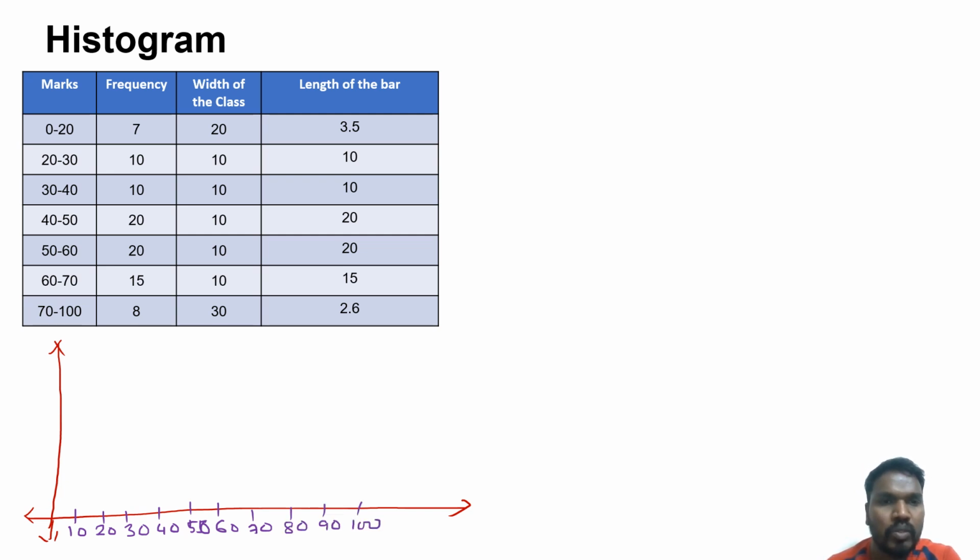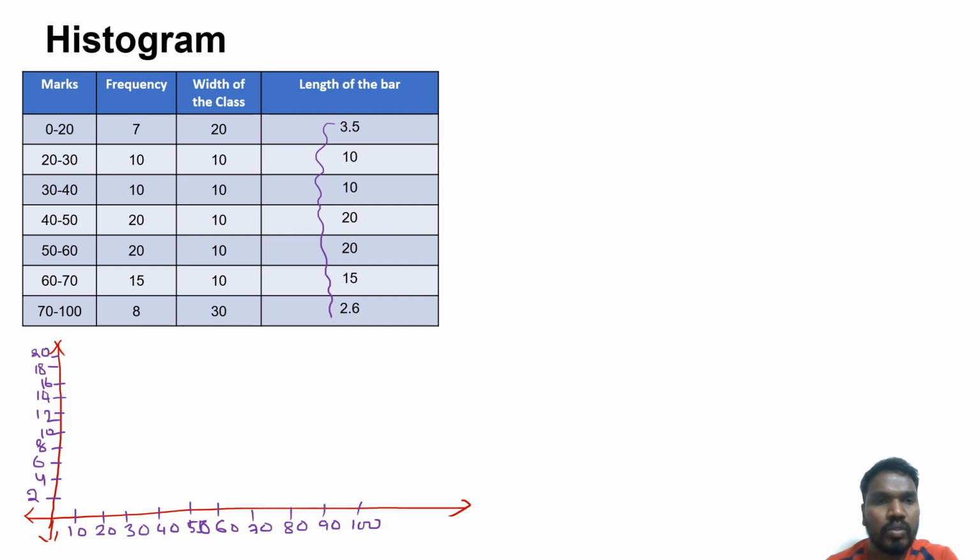These are our new frequencies. You can take a scale of 2, 4, 6, 8, 10, 12, 14, 16, 18, 20.